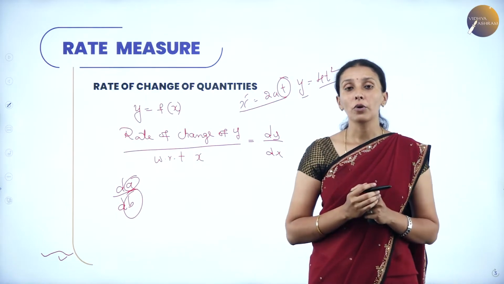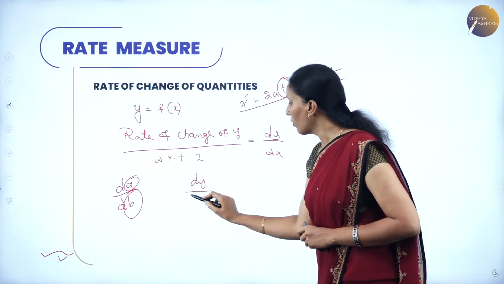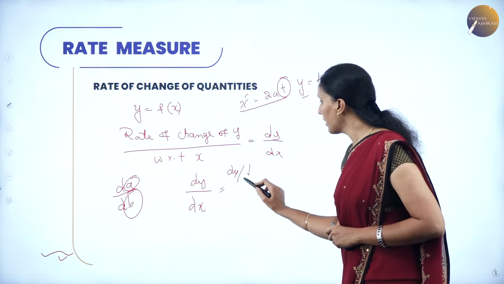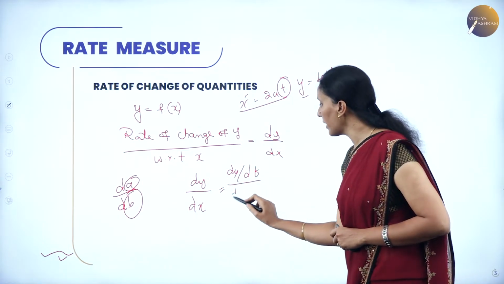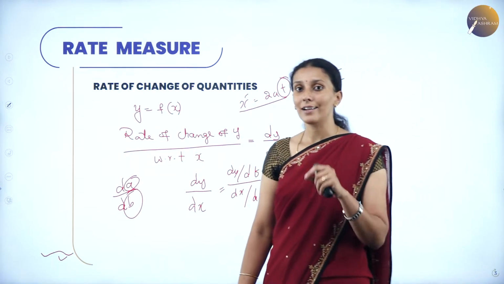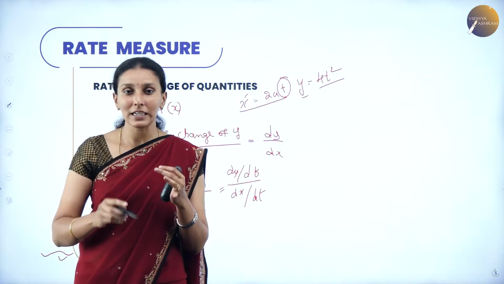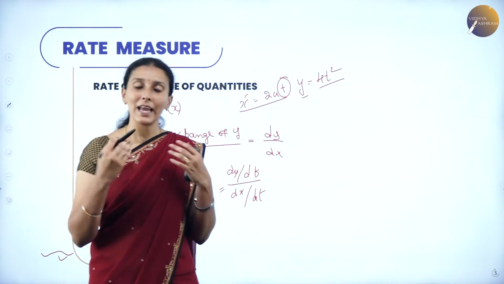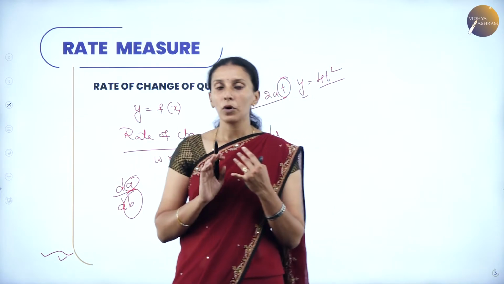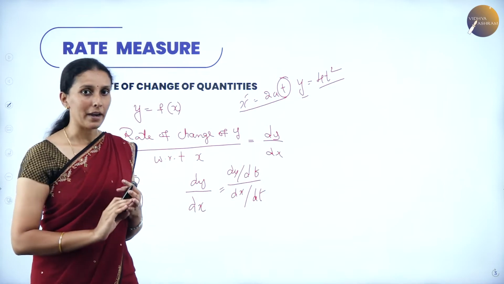Then how to find dy by dx? You already know dy by dx can be written as dy by dt divided by dx by dt. This is how you calculate dy by dx, where both y and x are expressed in a common parameter. It may be t, theta, p, u, v, anything, but both x and y are expressed with the same third parameter.